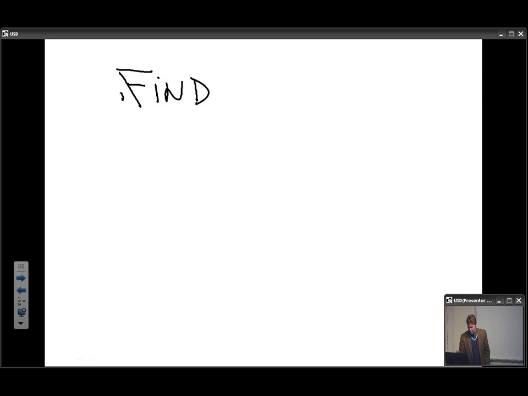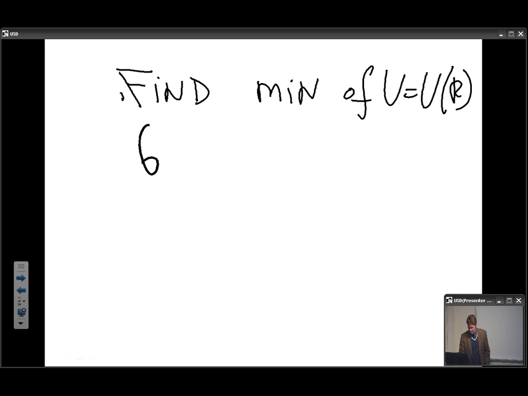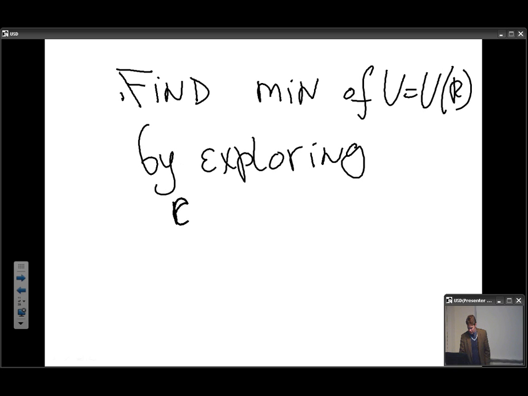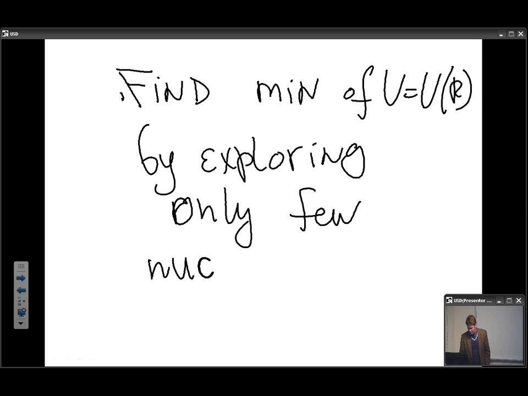We want to find minimum of the potential energy surface by exploring only few nuclear configurations.